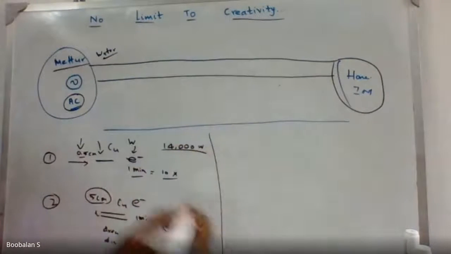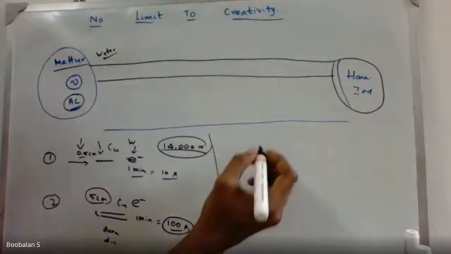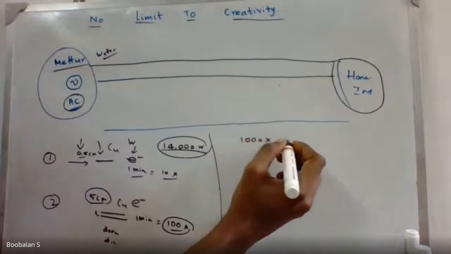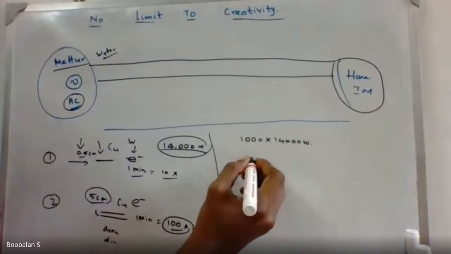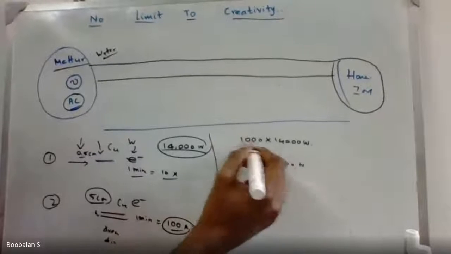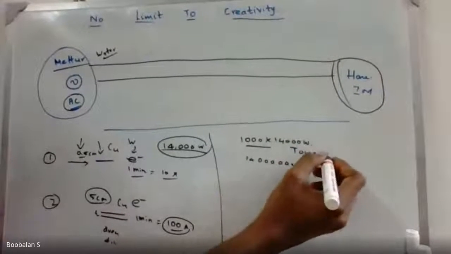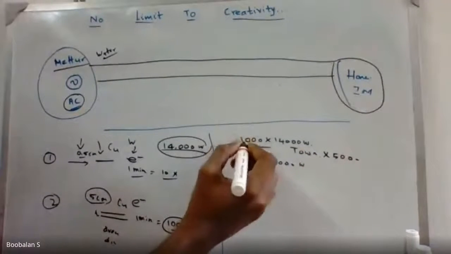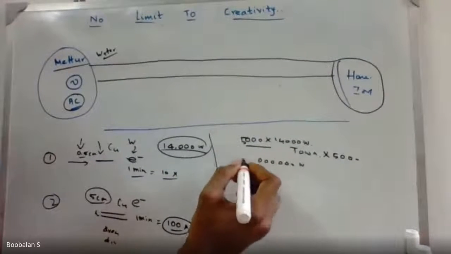So let us assume in a single home around 14,000 watts, and 1,000 homes in a town, into 14,000 watts. How much will that come to? 14,000 and then more zeros. This many watts for a single town. For example, one city has around 5,000 homes in total. So 5 times 14 is how much?